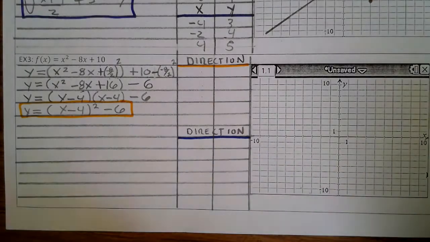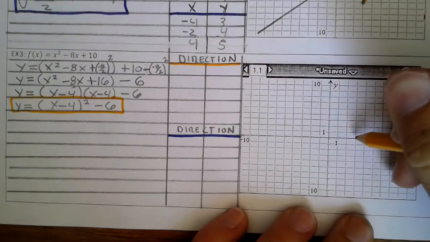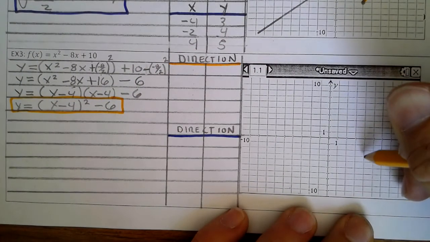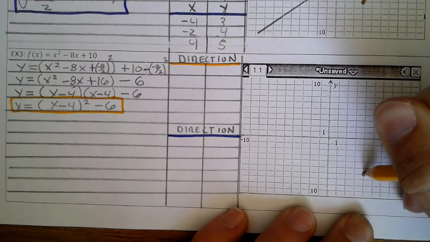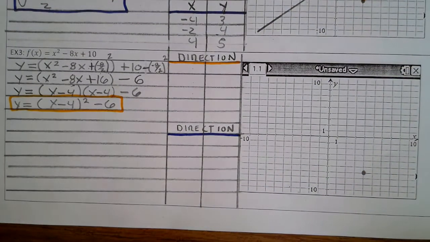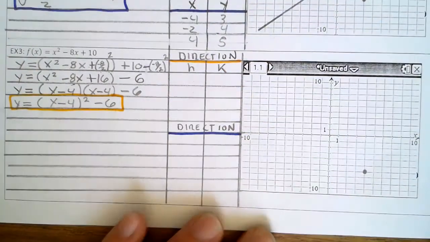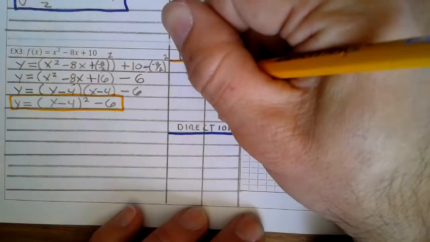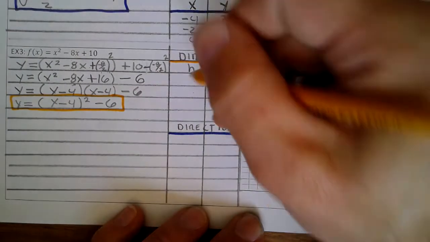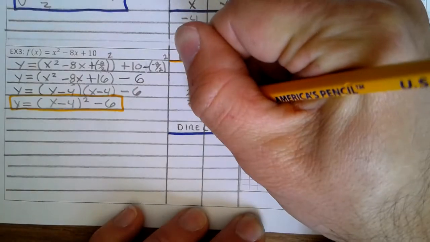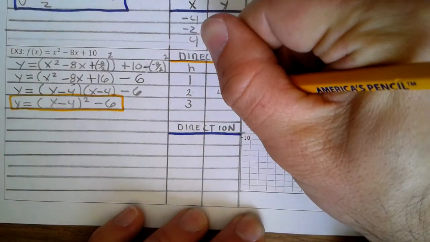So we go to the right 4, down 6, and then we can graph by direction. We know that, again, we're only using the positive side, so 1, 2, 3, which is 1, 4, 9.